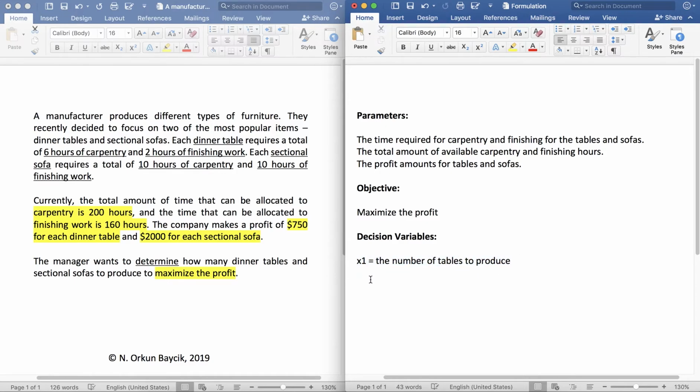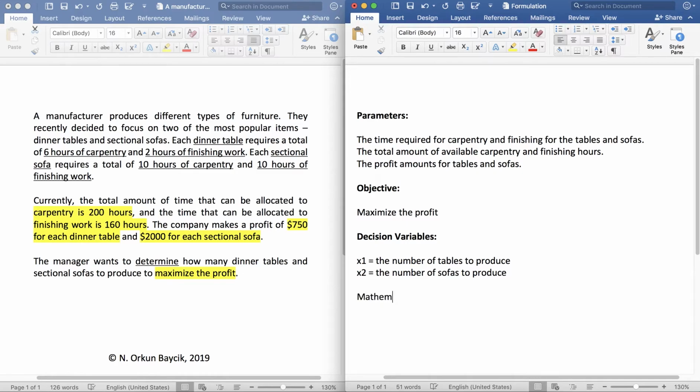And I'm going to copy and paste it and change it to x2 and modify this so that x2 defines the number of sofas to produce. Okay? So number of tables to produce, number of sofas to produce are the things that I want to decide. Okay? So this is important. And then I'm ready to write down my mathematical model.